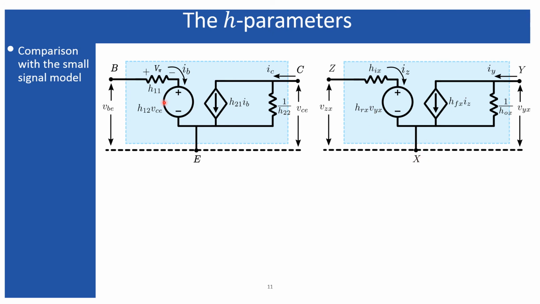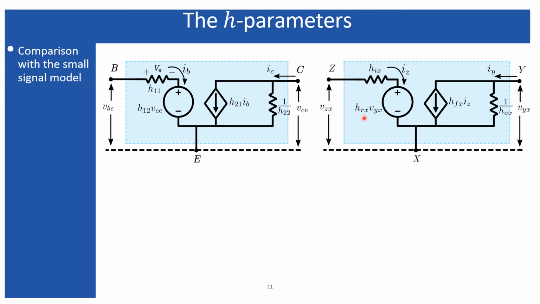So this H11, as it represents the input impedance, will be replaced by HI. This H12 represents the reverse coupling coefficient in terms of the voltage, so that is why I have replaced that by HR. And next comes X, because that term is associated with this common terminal. In this case, since it is common to the X terminal, HIX will appear.